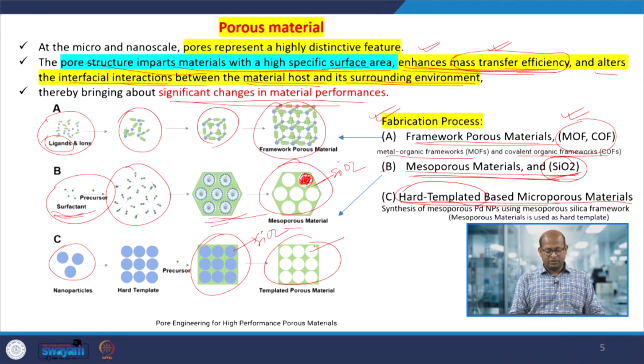So after we remove that SiO2, pores will be developed. Let us say this is a palladium nanoparticle. If we prepare it by using silica as a hard template, we can remove the silica by using a strong base, and then this type of pore will be developed.